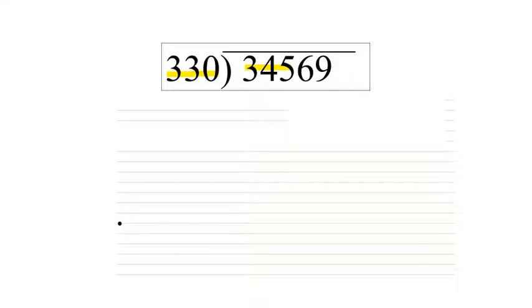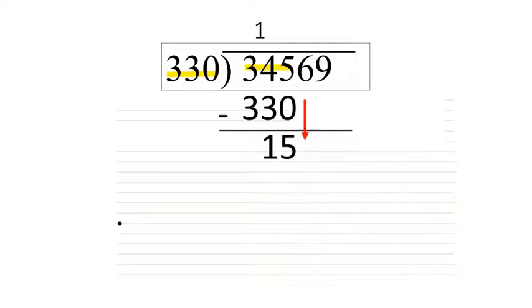So we will take 330 ones are 330, because 330 twos will be something like 660. So it will be 330 ones are 330, we will do the subtraction, and after subtraction we will bring down this 6 here. So it is now 156.